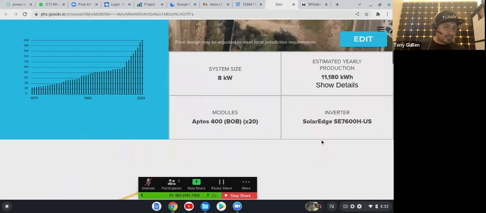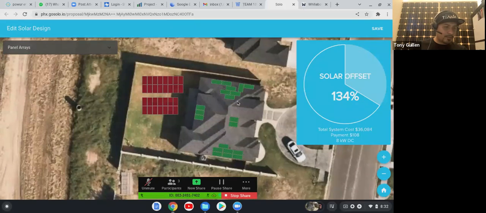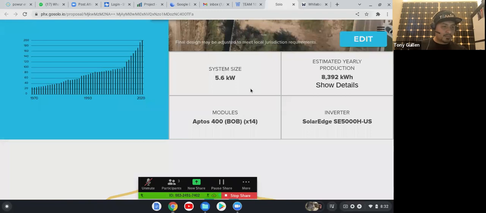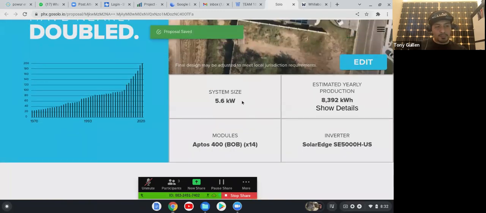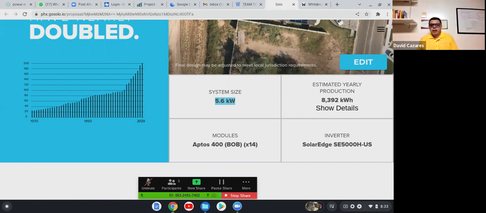Then we're going to go to edit. Now we're at 134 because it's a gas and electric, and you can see it's a smaller system. So this is a good starter system for a gas and electric home. Pretty neat, right?